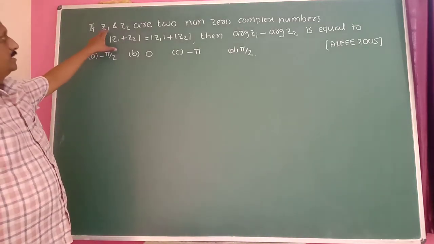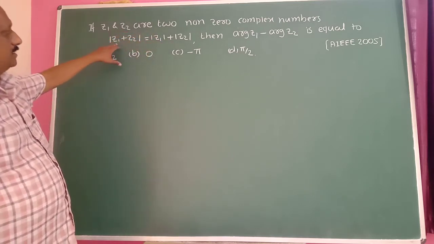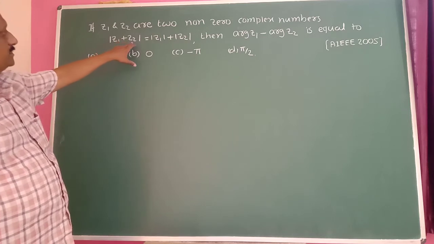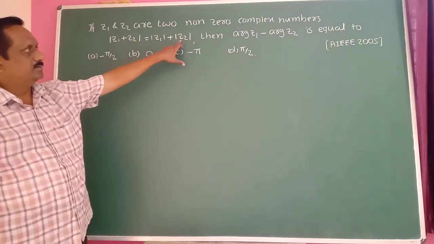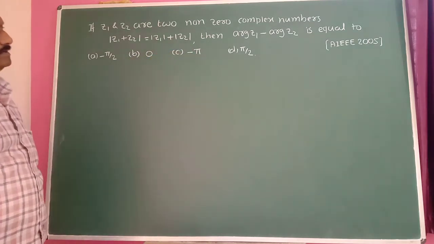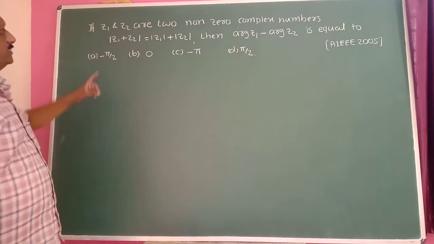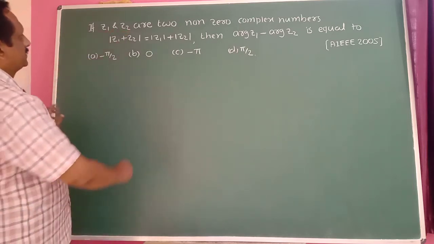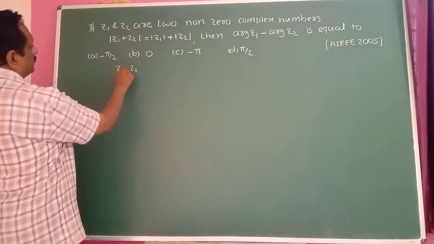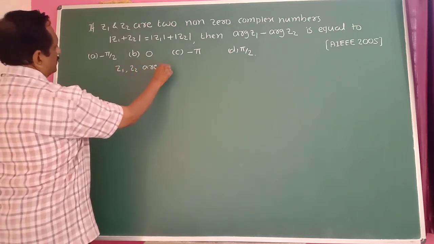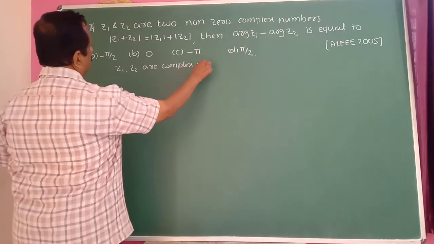If z1 and z2 are two non-zero complex numbers, modulus of z1 plus z2 is equal to modulus of z1 plus modulus of z2, then argument of z1 minus argument of z2 is equal to what? Okay, z1 and z2 are complex numbers.